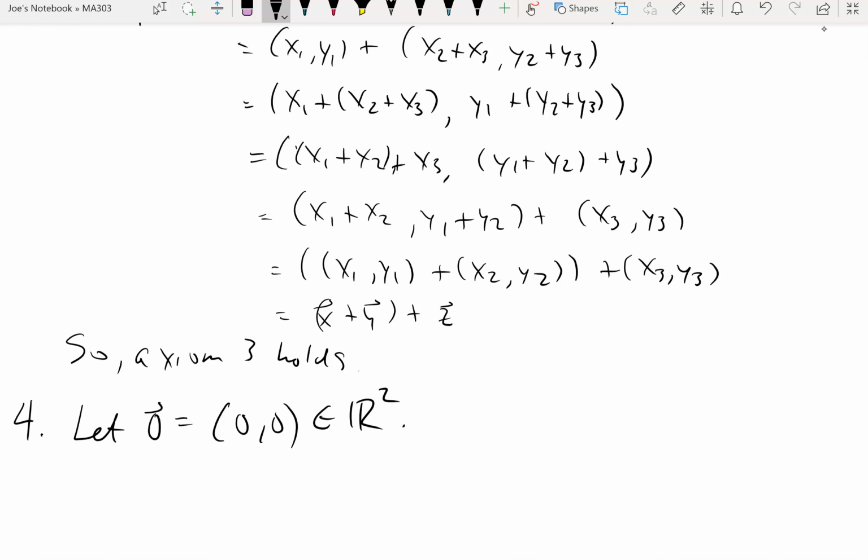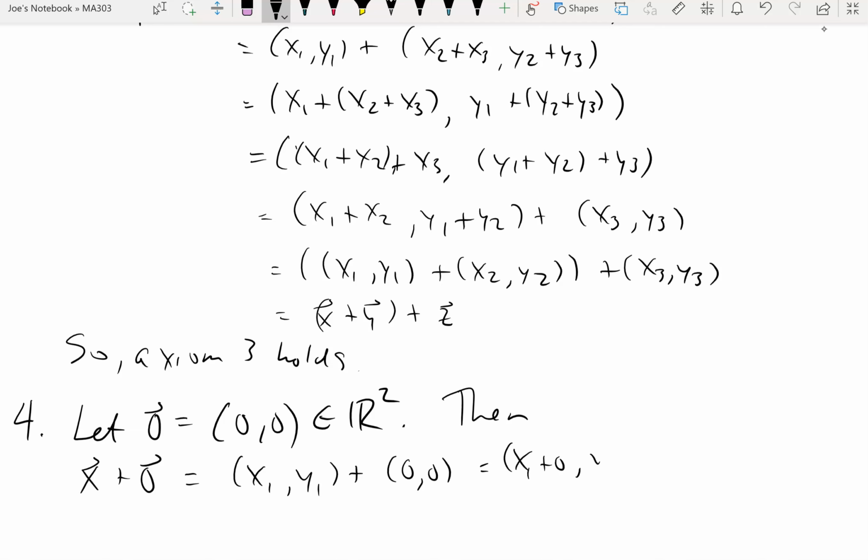All right. If I do x plus 0, we just carry out the operation like we would, right? We have x1, y1 plus 0, 0. Is x1 plus 0, y1 plus 0?